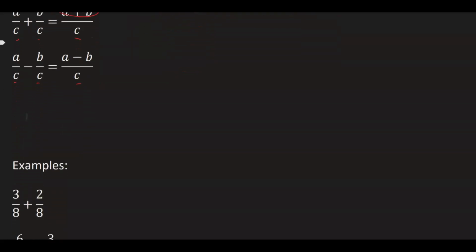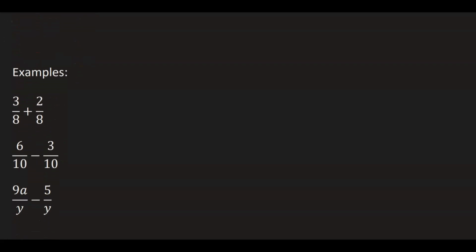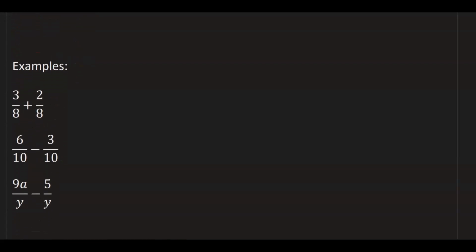So let's take a look at some numerical examples. Notice that we have a common denominator in the first one. Those are 8s, so we can keep it as the denominator for our sum, and in the numerator we should do 3 plus 2, which gives us 5/8.